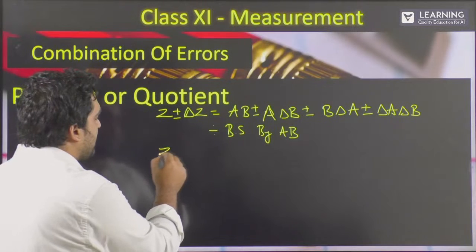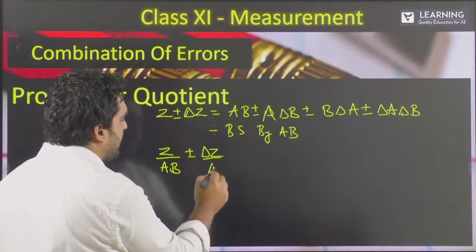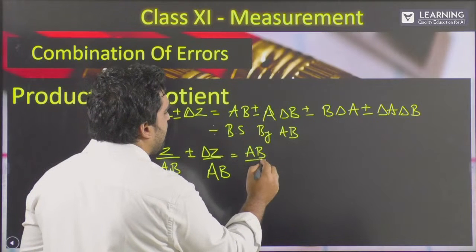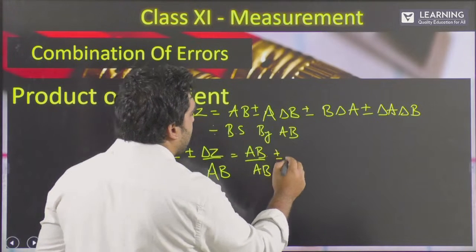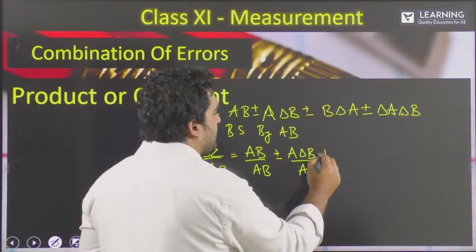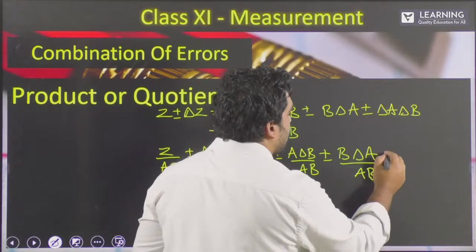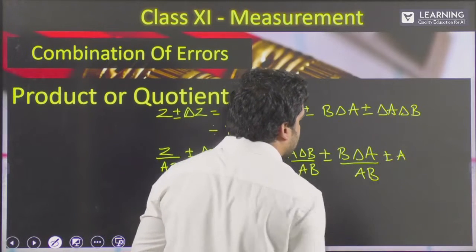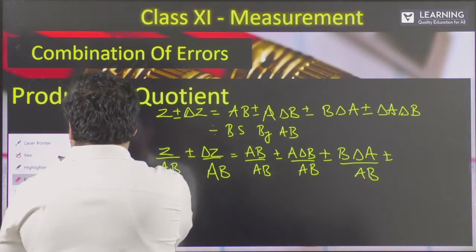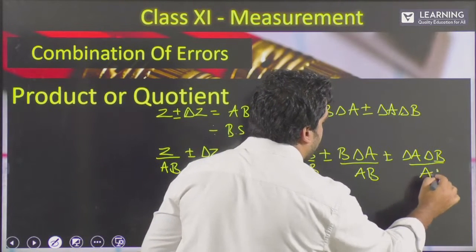So now you get Z by AB plus or minus delta Z by AB, which is equal to AB by AB plus or minus A delta B by AB plus or minus B delta A by AB plus or minus delta A delta B by AB.